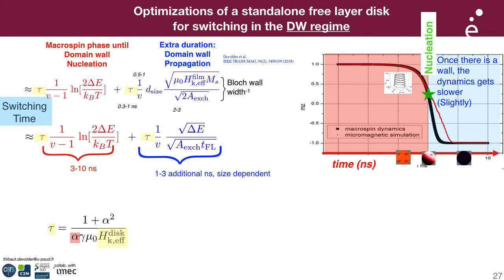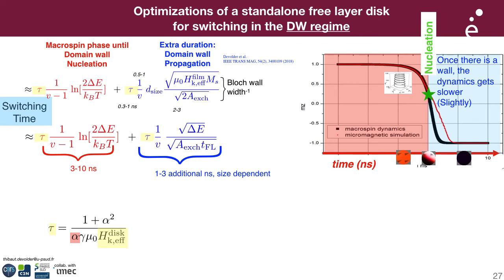Note that this is a 1 over V factor, while for the macrospin dynamics it was 1 over V minus 1. So this term 1 over V decreases faster. And then it's the ratio of energy barrier and the energy of a Bloch point.